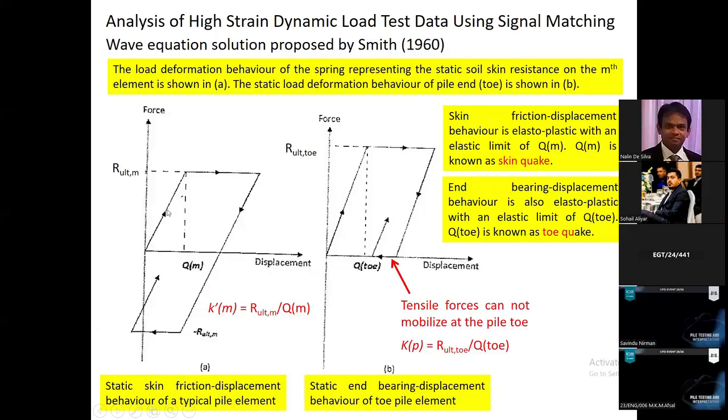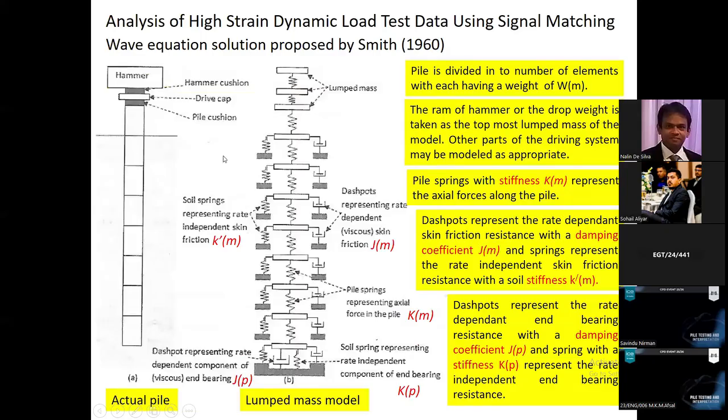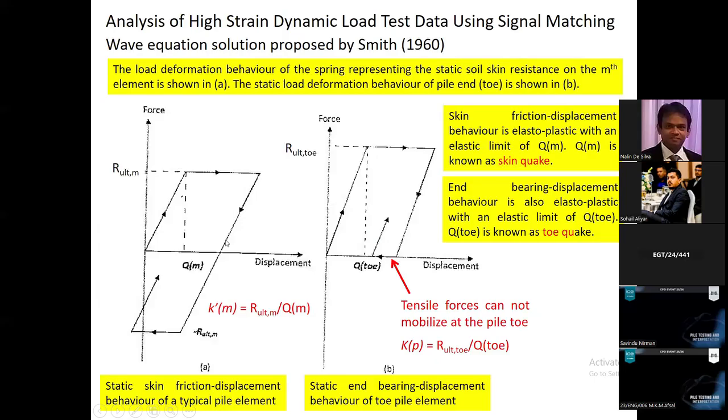You have a linear response up to a certain displacement, and after that it will reach the ultimate resistance. Ultimate resistance means ultimate skin friction for a particular segment. For each segment you have a different curve, depending on the soil type.